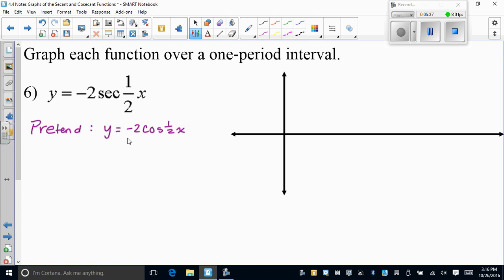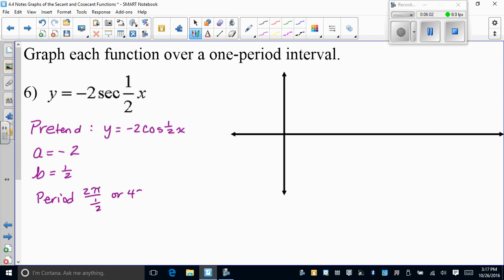We go through the typical steps. A equals -2, B equals 1/2, which gives us a period of 2 pi over 1/2, or 4 pi.